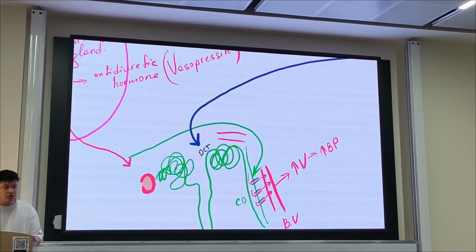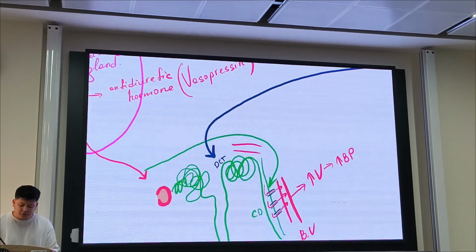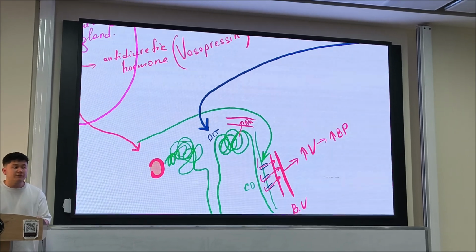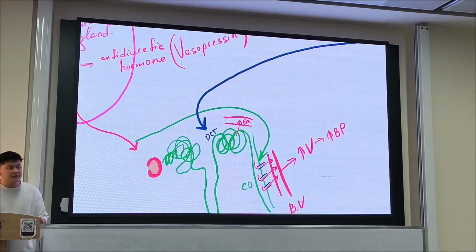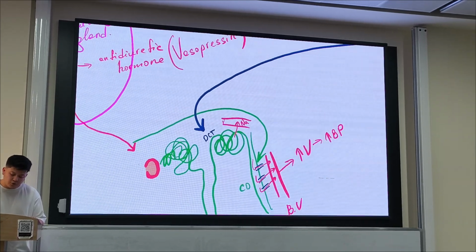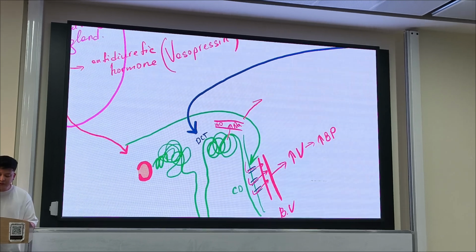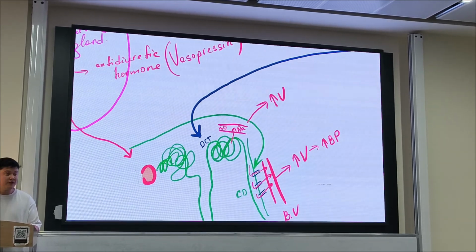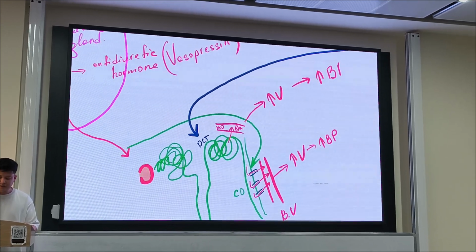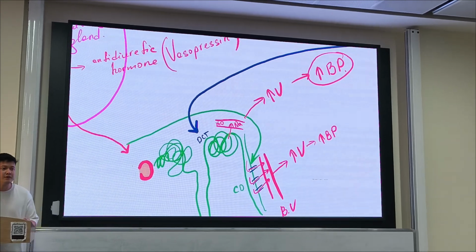The sodium is going to be reabsorbed back into the blood vessel. If the sodium goes to the blood vessel, that means water molecules are also going to follow. So water will also go to the blood vessels. Okay? So that means we are increasing the volume. If I increase the volume, we are going to increase the blood pressure. Okay, this is the second mechanism of increasing the blood pressure.